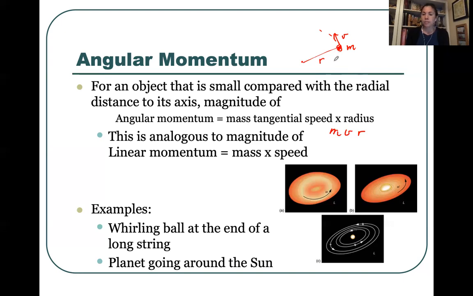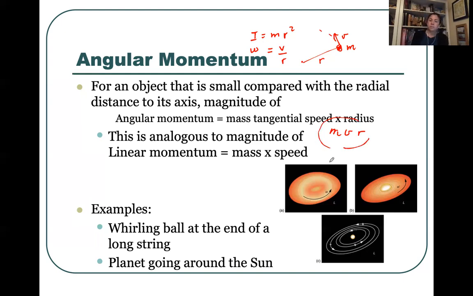It's going to be mr squared, so you could essentially use I equals mr squared. And then you can use the relationship between omega and v. If you combine all of this, you end up with this result right here.